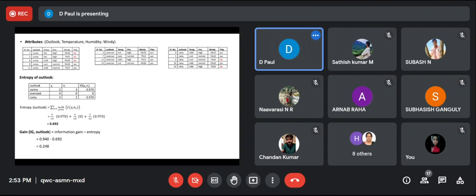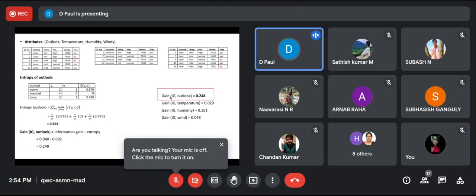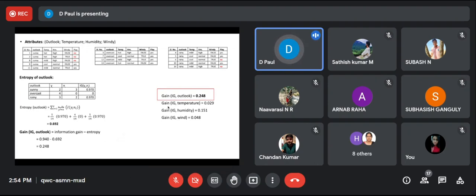I'm not going into the details, I'm just showing you. First we calculate the information gain, then the entropy of different attributes, then the gain. So the gain for outlook is 0.248, then for temperature 0.029, then humidity, then windy.